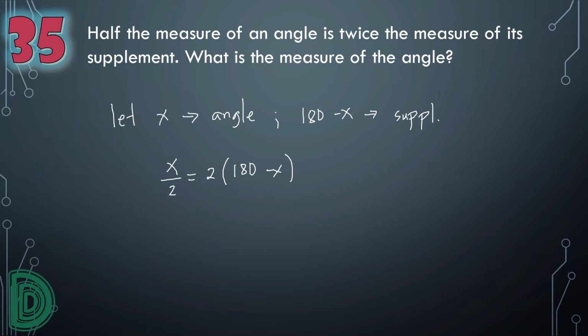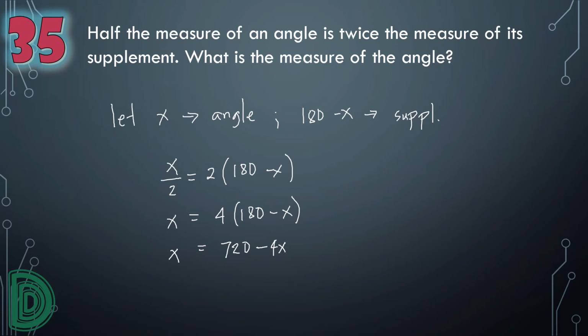Multiply both sides by 2, we will get x is equal to 4 times (180 - x). By distributive property, we will have 4 times 180, that is 720, and 4 times negative x is negative 4x. Then let us add 4x to both sides of the equation.